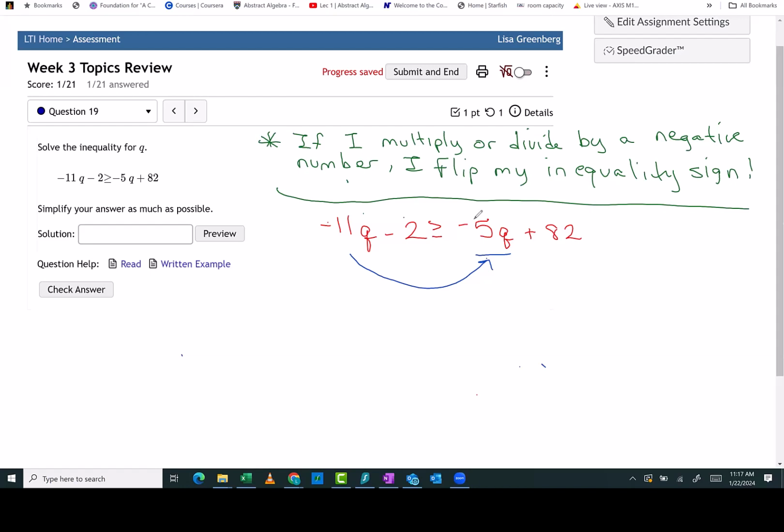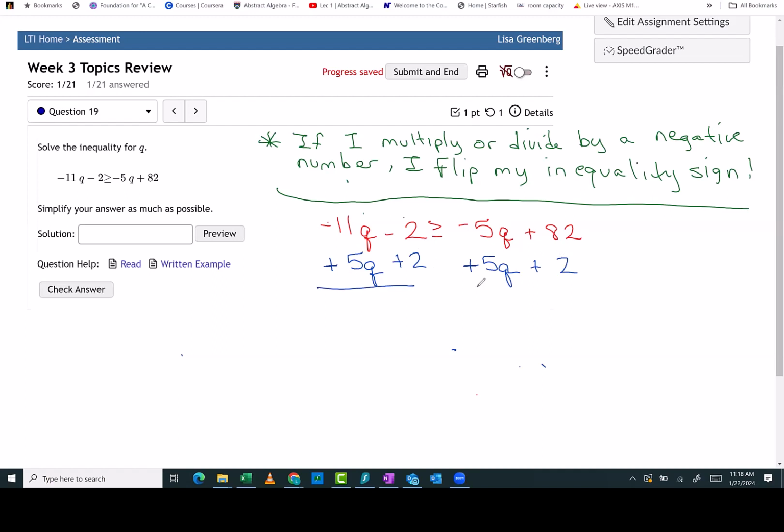That's going to become positive 11q, which is bigger than negative 5q, which means I'm going to add 5q to both sides. And just like I showed you before, I can also add 2 to both sides at the same time.